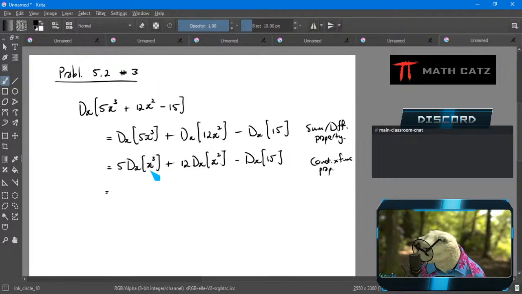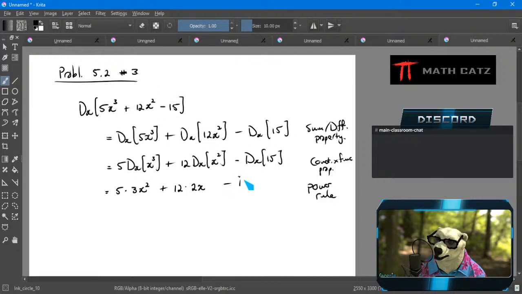Now I have the power of x isolated. The 5 is there, 3x squared by the power rule. The 12 is there for the middle term, x squared's derivative, 2 goes in front, x to the power 1 less. We don't write the 1. Power rule again. And I'm doing one property at a time.